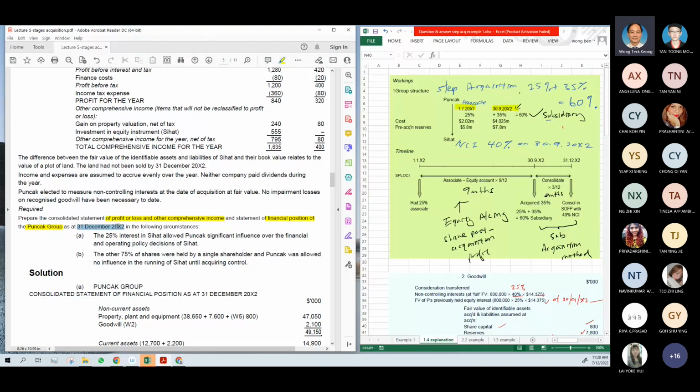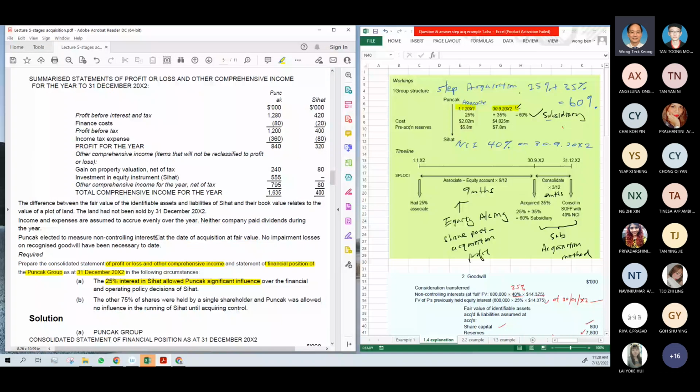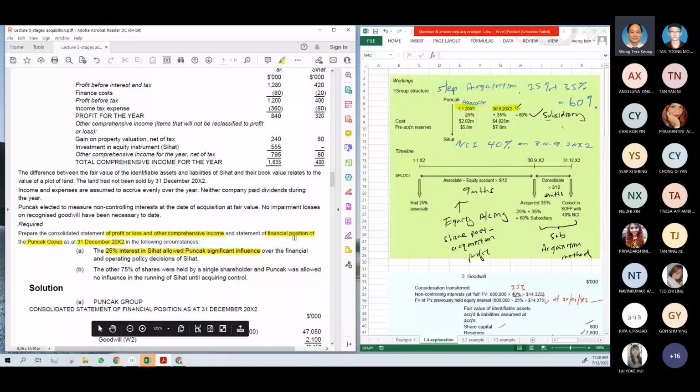The 25% interest in Sehat allows Punchat significant influence. So when you have significant influence, you do equity accounting, which means sharing the profits. So you want the P&L and SOFP, and Sehat is an associate.